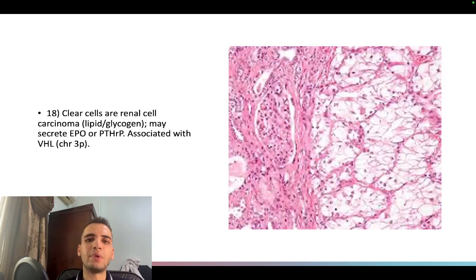Now, if you see a person with abdominal mass on the right or on the left, and hematuria and abdominal pain, and he is a smoker, then think about renal cell carcinoma. It's called the clear cell renal cell carcinoma because, as you can see, the cells are clear like the lipids because they are filled with lipids, and they can secrete erythropoietin.